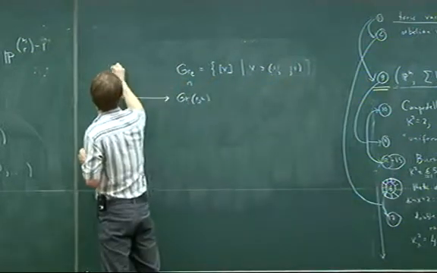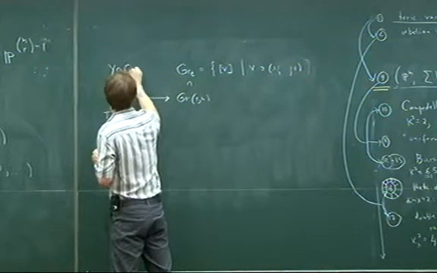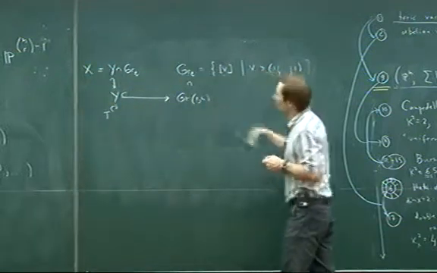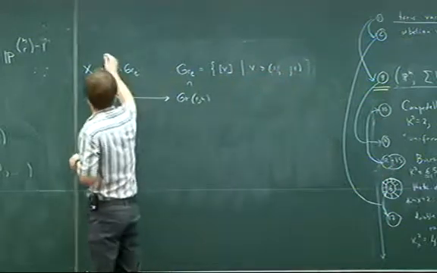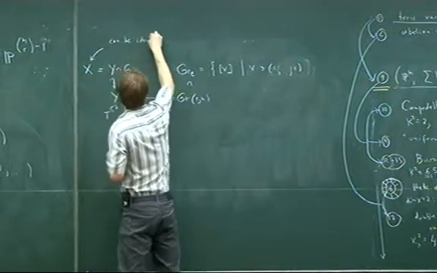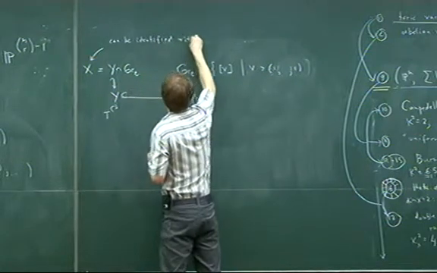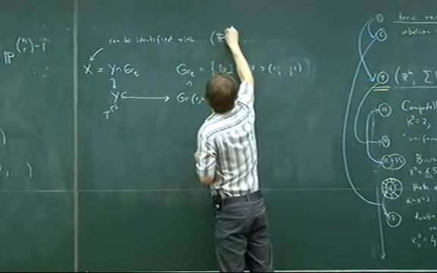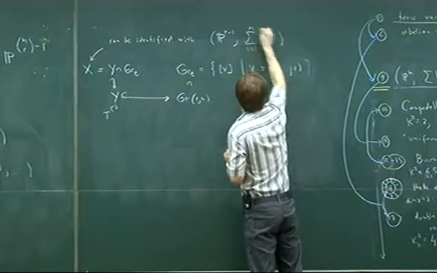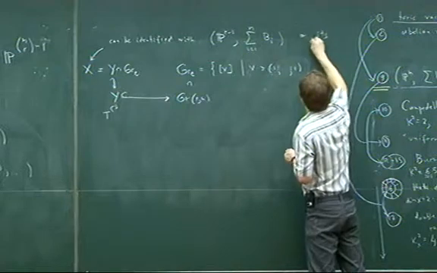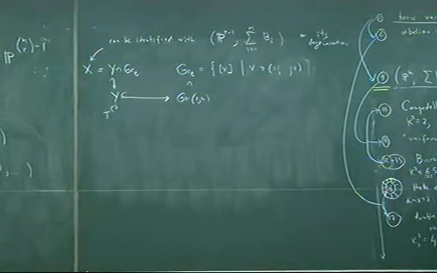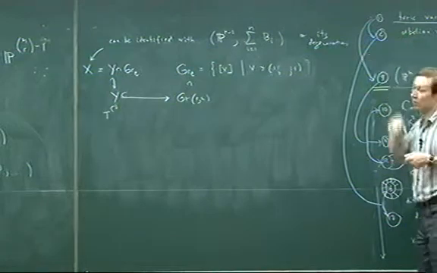And if you intersect this Y with that smaller Grassmannian, then that can be identified with a stable pair like this, or its degeneration.